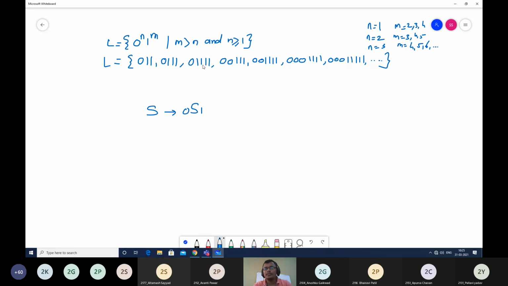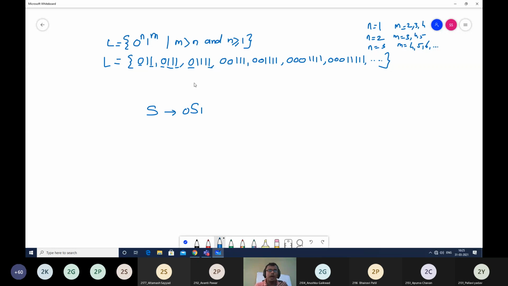Are you getting this? If I'm taking 1 0, then for that 0 I have one corresponding 1. What remains in between is a single 1. In my second string, for this 0, I have this corresponding 1, but in between I have 2 ones. For this string, for this 0, I have one corresponding 1, and in between I have 3 ones.